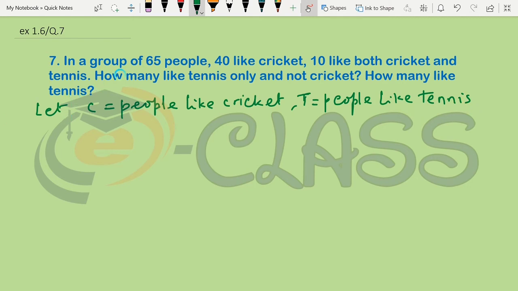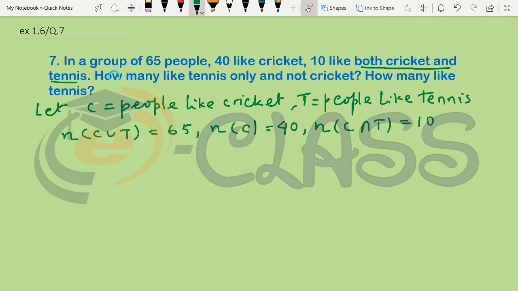In a group of 65 people, we know n of C union T equals 65, n of C equals 40, and for both cricket and tennis, n of C intersection T equals 10.